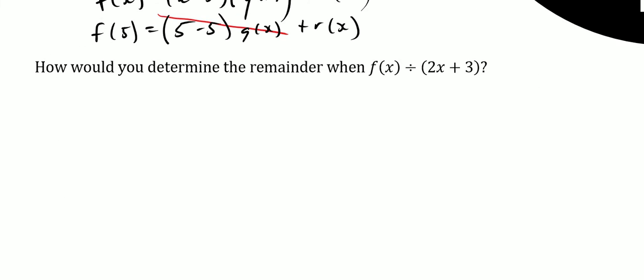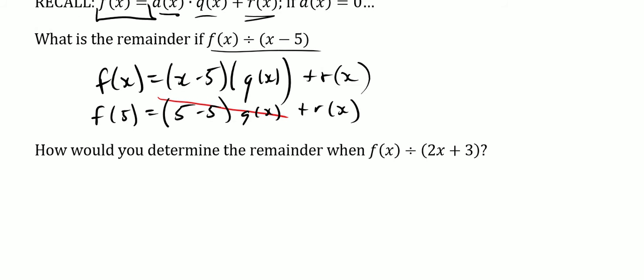Here's a little thing to think about. How would you determine the remainder when considering all of that? If you were finding the remainder when you're dividing by 2x plus 3, and I'm actually not going to answer this question, but if you want to, I want you to come up with your own answer, and I'll tell you after if you're right or wrong. So it's like f at what value? Like, what would you do?